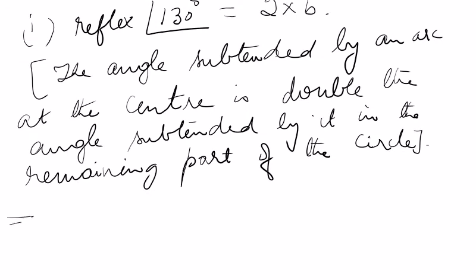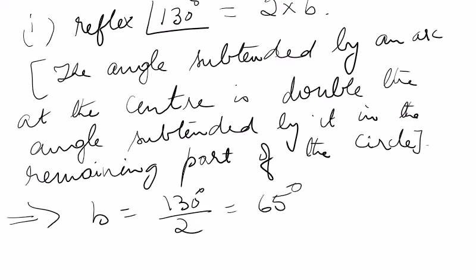So this implies B is equal to 130 degrees upon 2, that is 65 degrees.